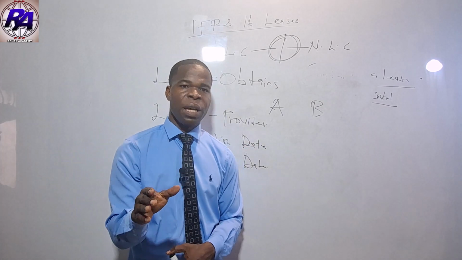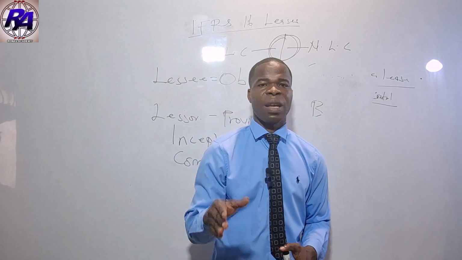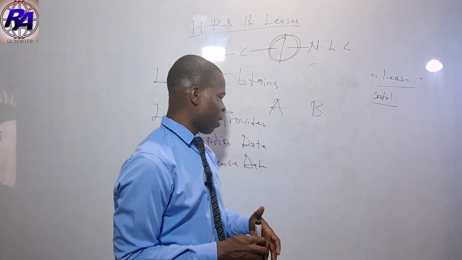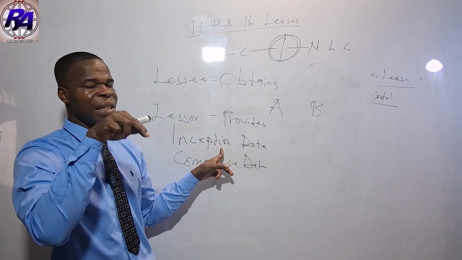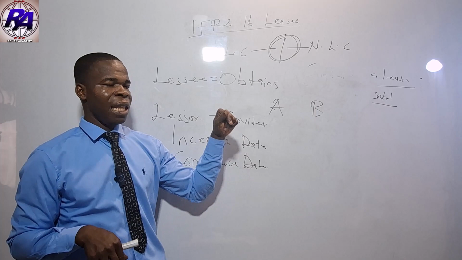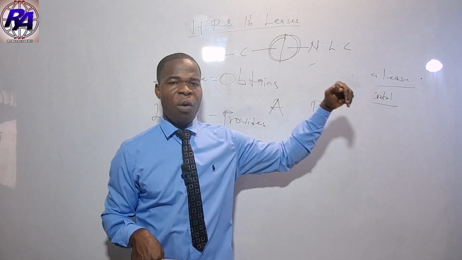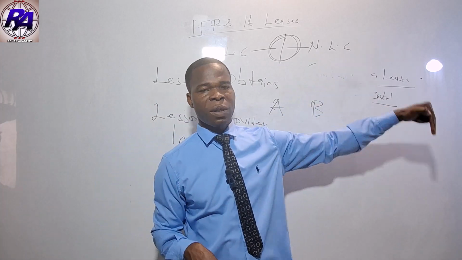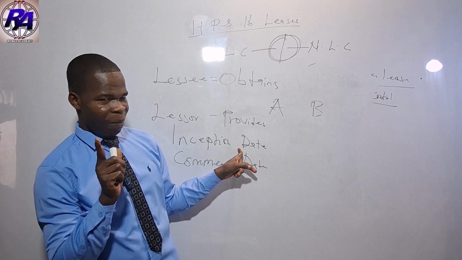I will show you the situations where they can be the same and situations where they can be different. When we talk about the inception date, it is the date on which the two parties entered into a contract where they are committed to the terms, the conditions, the facts and circumstances of the contract. That date is the inception date. Please take note.